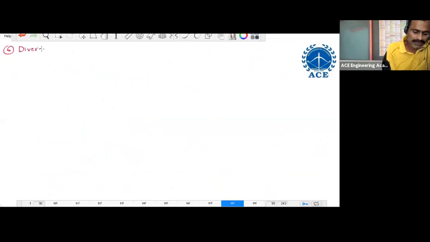Divergence. Divergence of a vector function.